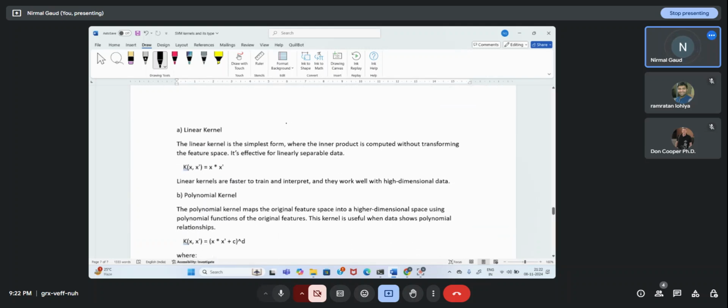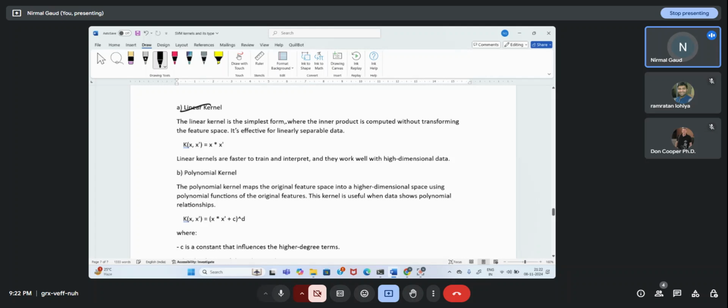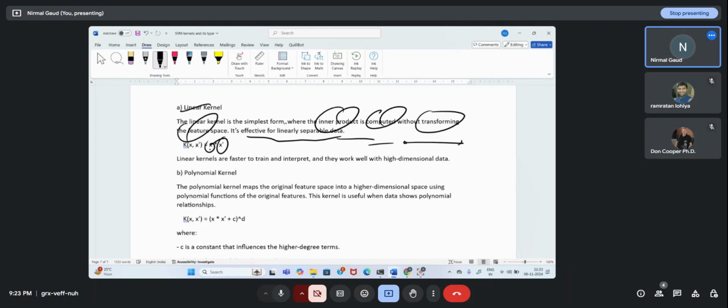Okay, so this is your linear kernel, that means the inner product of x and x dash without transforming. There is no transformation; it is effectively linearly separable. If I want to transform this point somewhere, I have to multiply it with a function. Right now I'm multiplying with a linear function, so there will be no transformation as such.